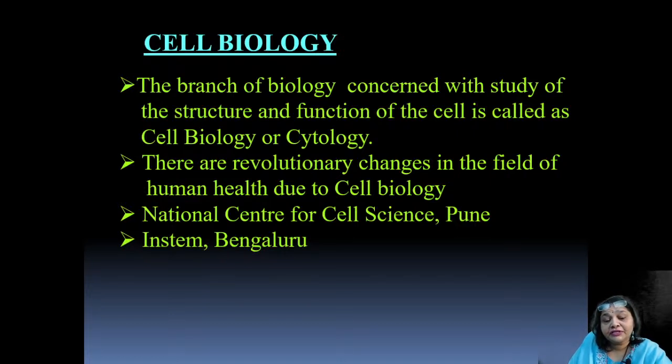The structure and functions of cells are being studied in various institutes. Even now, research is going on into the structure and function of cells. But in India, there are two institutes which are dedicated to the study of cells: the National Centre for Cell Science at Pune, Maharashtra, and the other institute is InSTEM at Bengaluru.